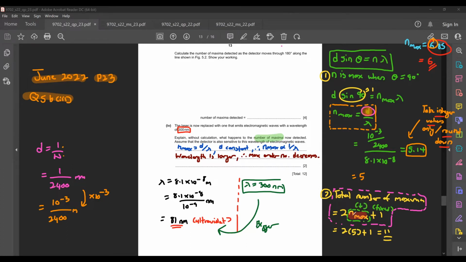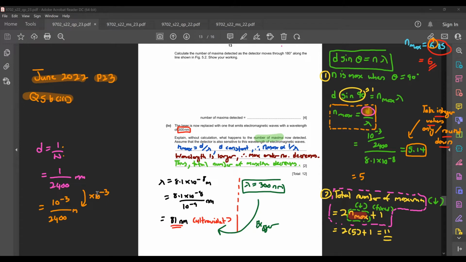So if total number of maxima is 2n max plus 1, the plus 1 being fixed, but the n max itself drops, it follows that my total number of maxima must drop. So here I can just say total number of maxima decreases.